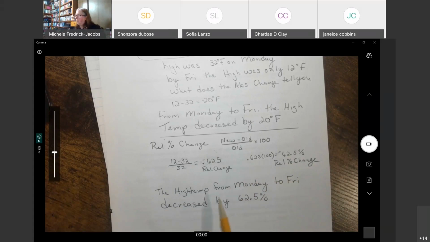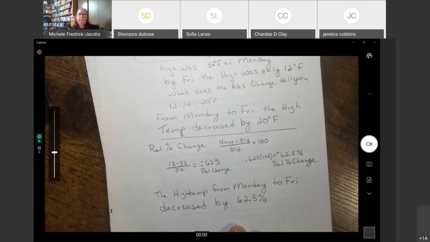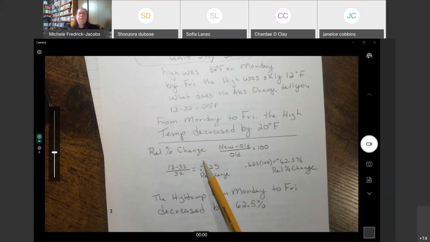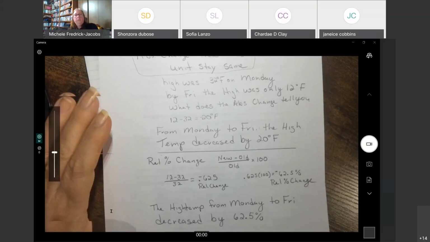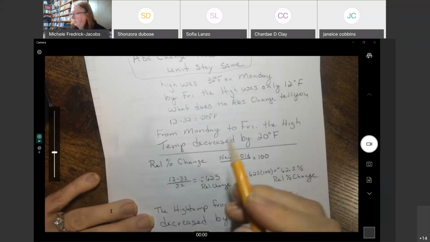So the high temp from Monday to Friday decreased by 62.5%. And the relative change would be it decreased by a rate of 0.625. Any questions on those two? So those three formulas, you want to have those written.